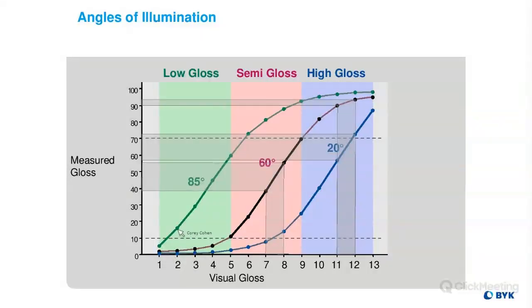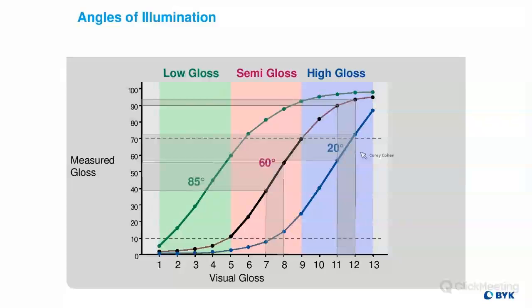With an 85-degree meter, that's maybe 16 and 30, so that's a 14 gloss unit difference. But when we measure with the 60, we're really only getting like a 2 gloss unit difference. So in this range, the 85-degree meter is best because we get that nice, steep, even slope, and we're going to get clear readings that give us clear differences between these panels that are visually different.